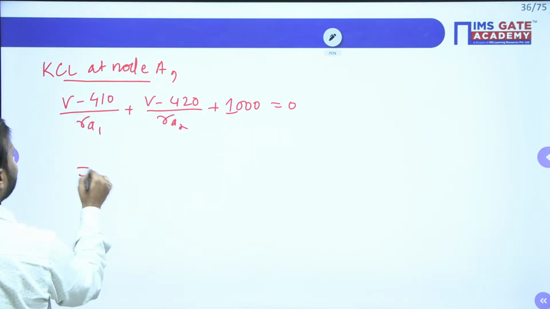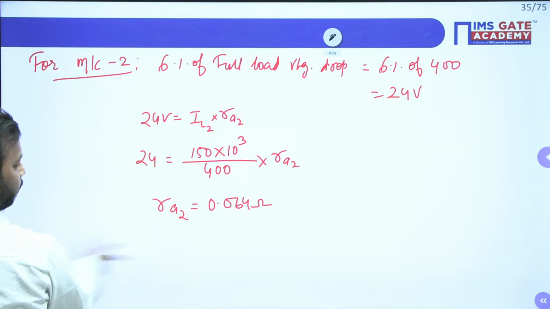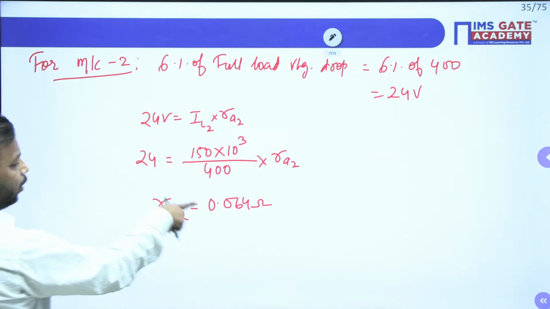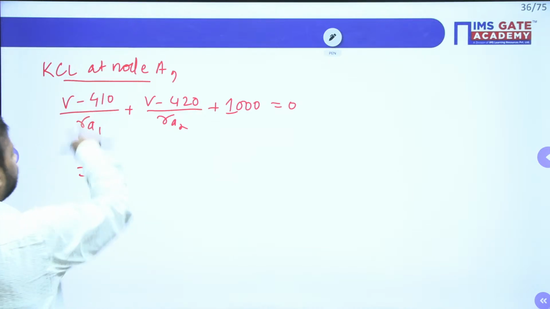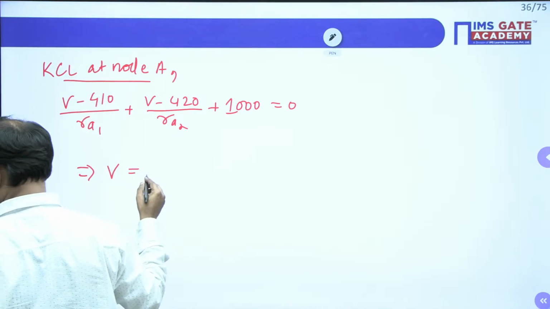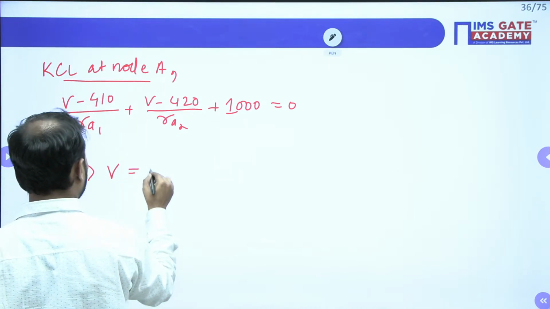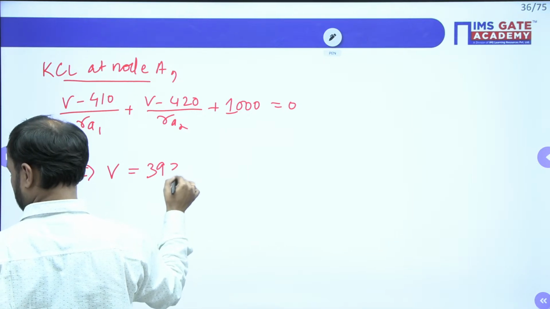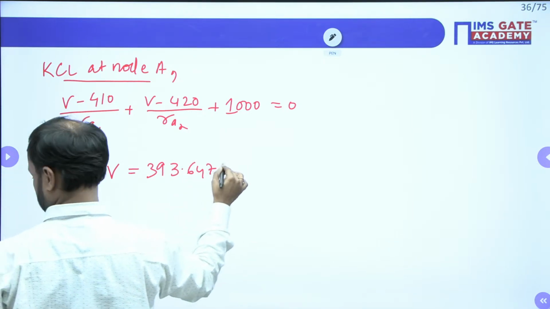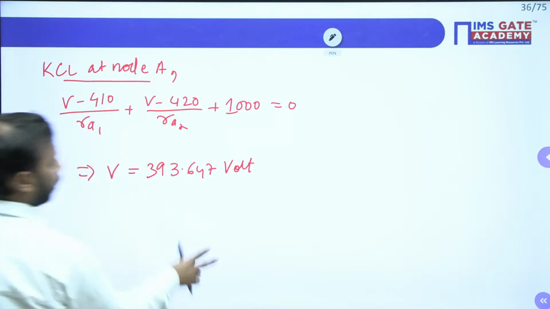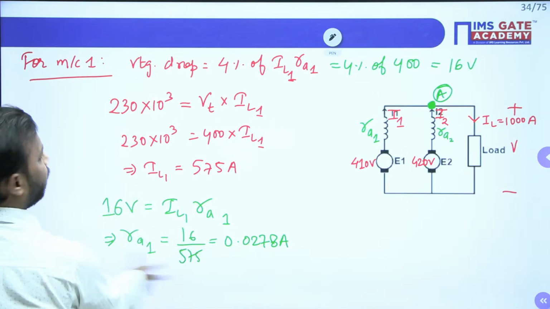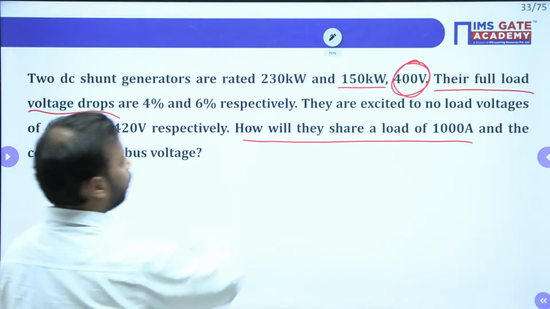So when you solve this, substitute RA1 and RA2, you will get V value as 393.647 volt. Done. And what next we need to calculate? We need to calculate the load shared.